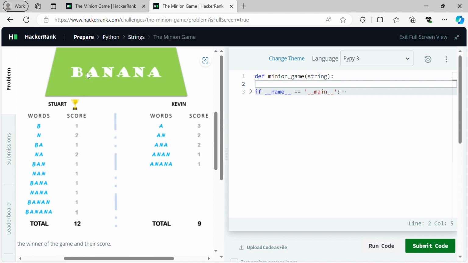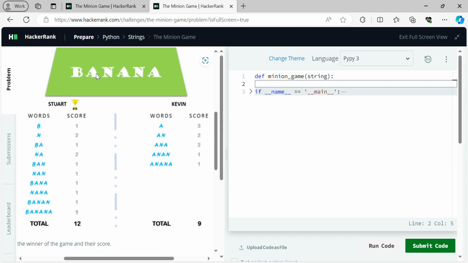So these are all substrings. By getting a consonant in the first place in this string, they get a total of six substrings: one, two, three, four, five, six. By starting with B, Stuart gets 6 points.